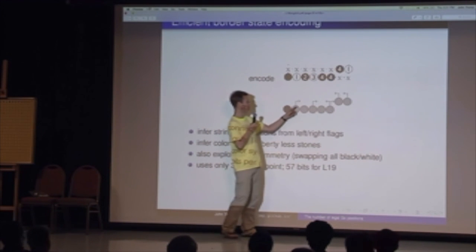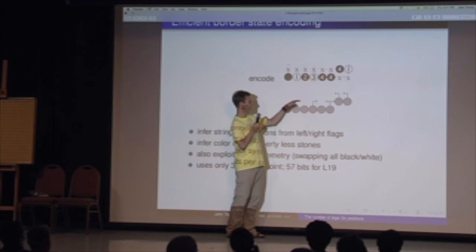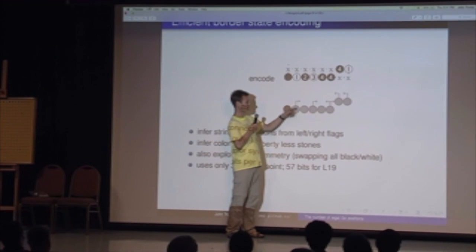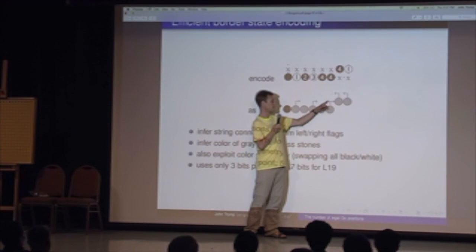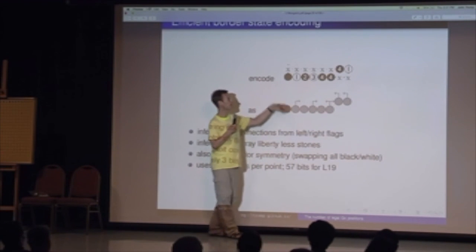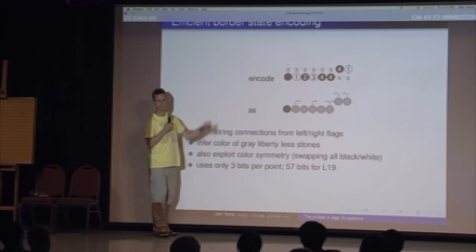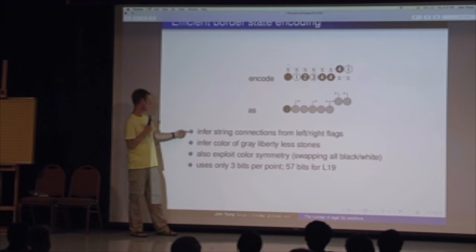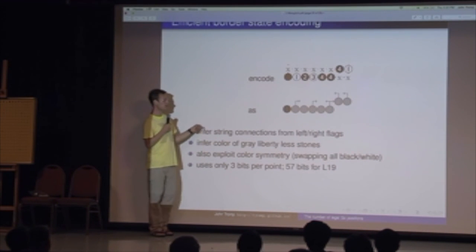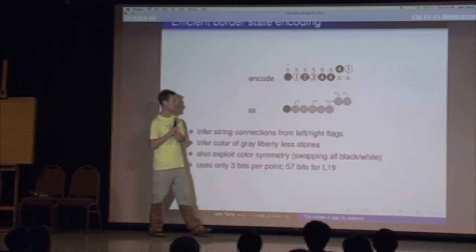What I do know is if they're connected to some other stone to their right, and whether they're connected to some other stone to the left. So from this, I can reconstruct the full details of that one. What I do is I infer the string connections from the left and right flags.